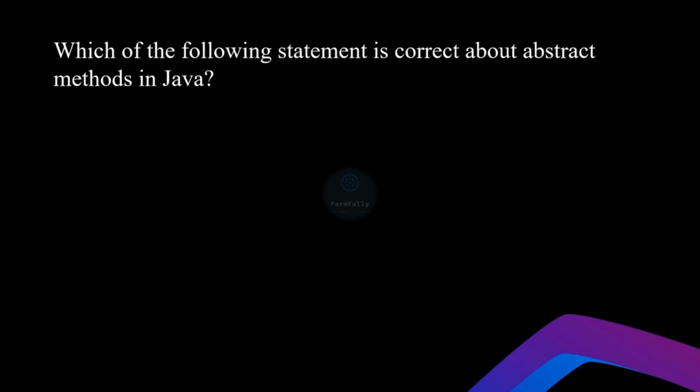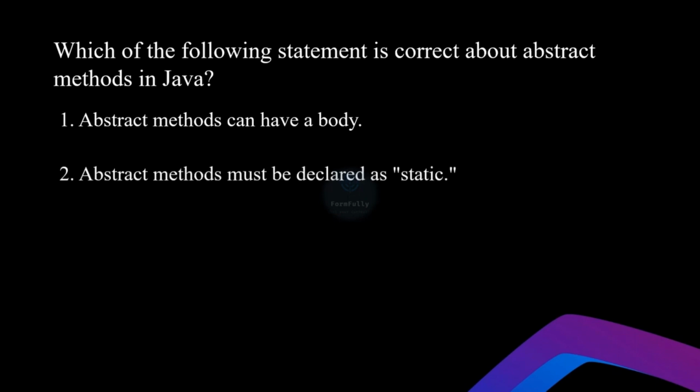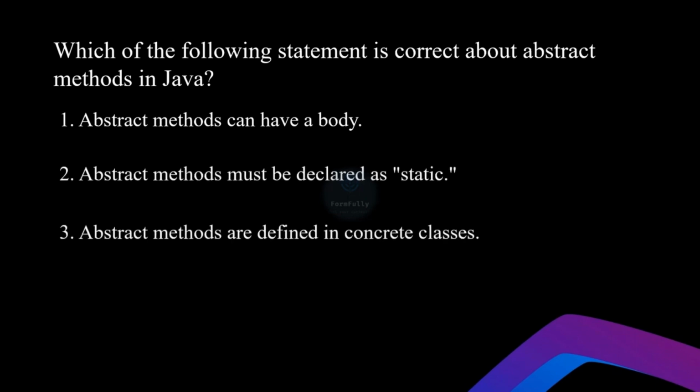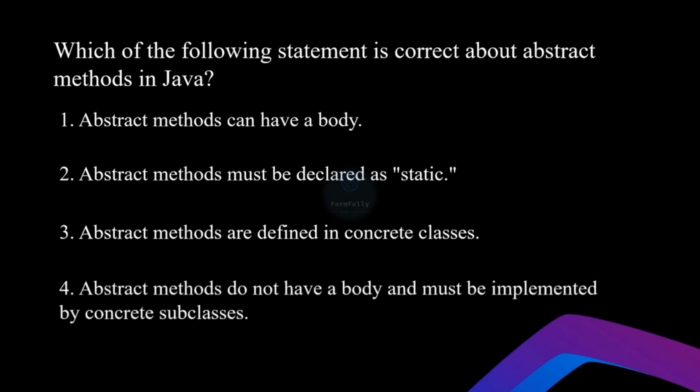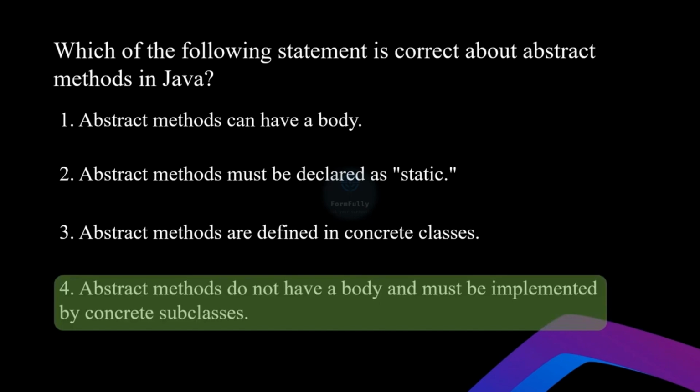Next question. Which of the following statements is correct about abstract methods in Java? Options are: abstract methods can have a body, abstract methods must be declared as static, abstract methods are defined in concrete classes, abstract methods do not have a body and must be implemented by concrete subclasses. Here, abstract methods in Java are declared in abstract classes or interfaces and do not have a method body.